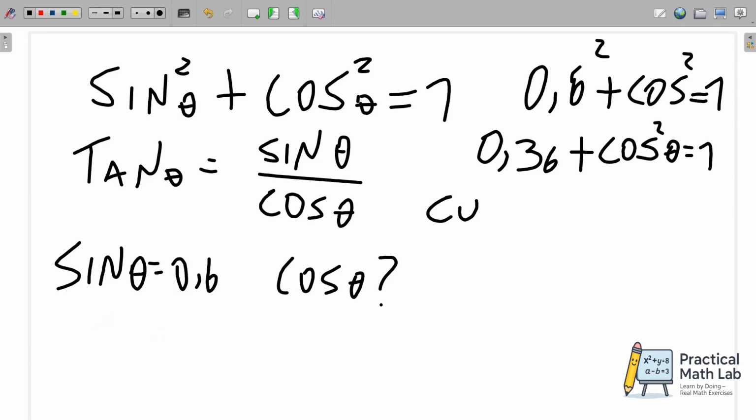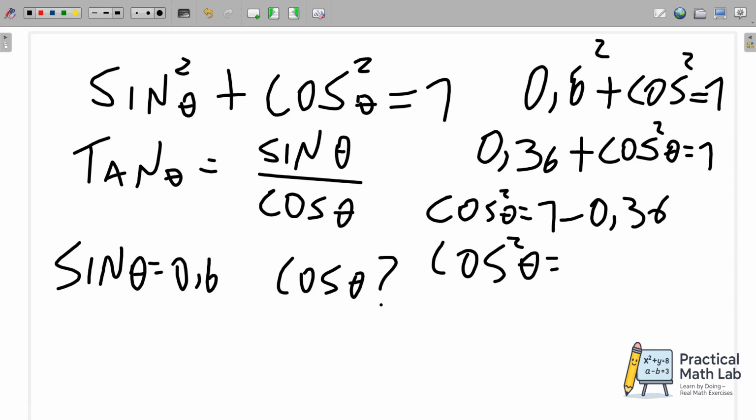So cosine squared equals 1, and here it's plus, but when it goes to the other side it becomes minus 0.36. So the cosine squared of the angle is equal to 0.64.